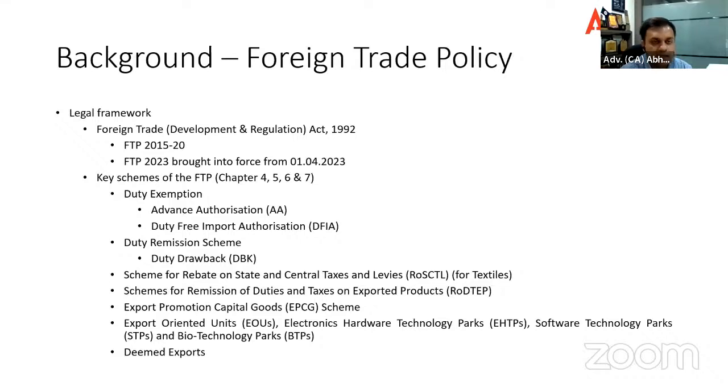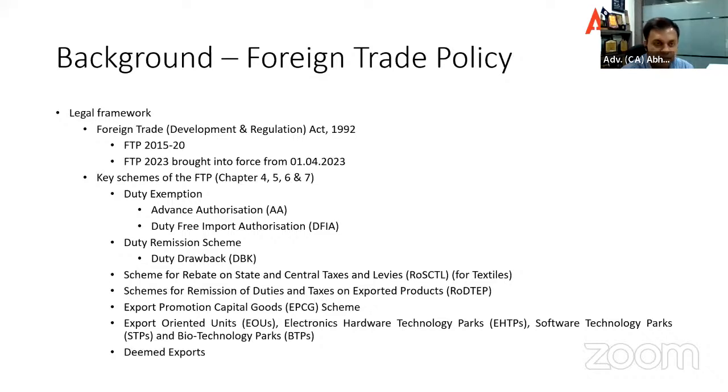And under that license, the exporter is given an obligation to make certain exports. If the exporter fulfills the obligations, then the benefits that the exporter has availed under the scheme by way of exemptions stand unequivocally available.